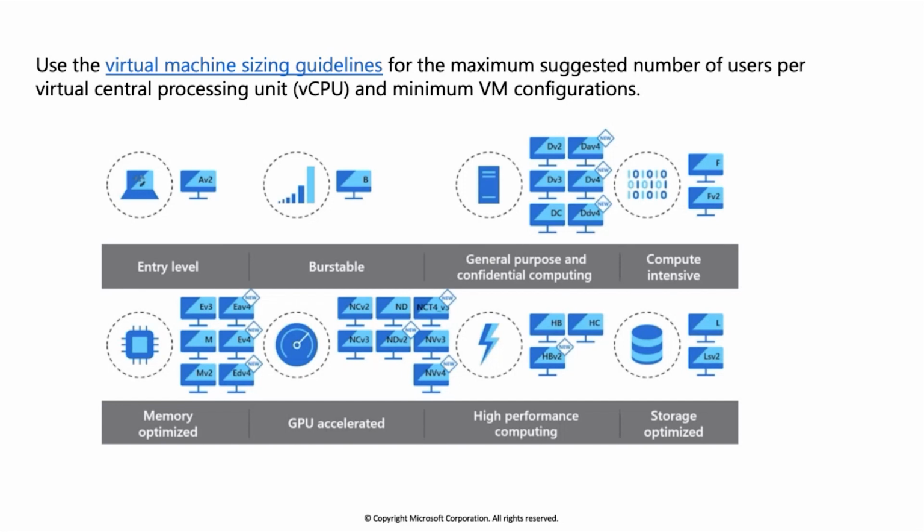What is this scaling? Scaling means you can go with vertical scaling or horizontal scaling. Vertical scaling means you can scale up or scale down, so you can increase or reduce the size of the VM. If you have that flexibility, then for the workload we have planned and deployed, vertical or horizontal scaling can also be done.